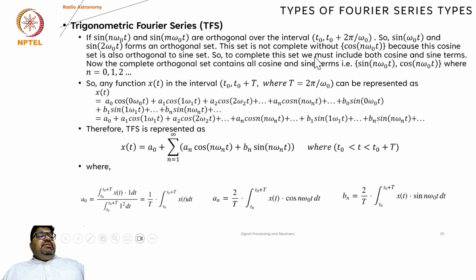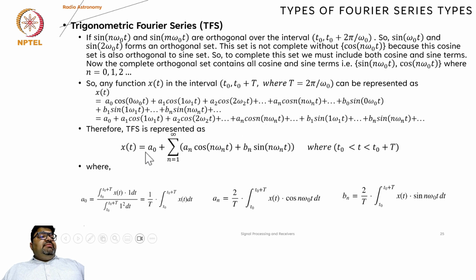So to complete this set, we must include both cosine and sine terms. Now the complete orthogonal set contains all cosine and sine terms, that is sine n omega naught t and cosine n omega naught t, where n goes from 0, 1, 2 to infinity. So any function x(t) in the interval t naught to t naught plus capital T, where capital T is 2 pi over omega naught, can be represented by this expansion.